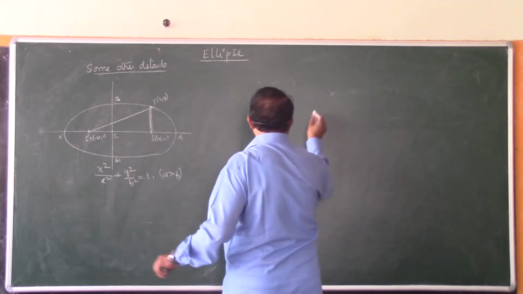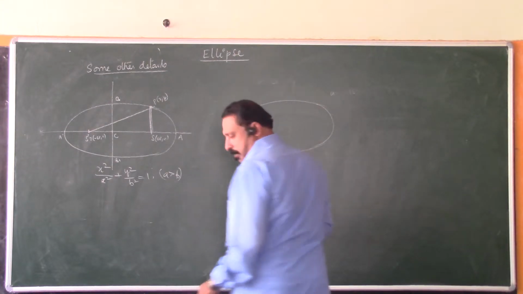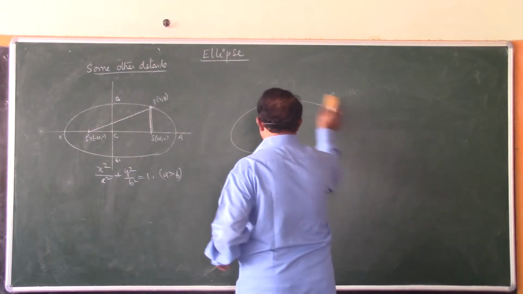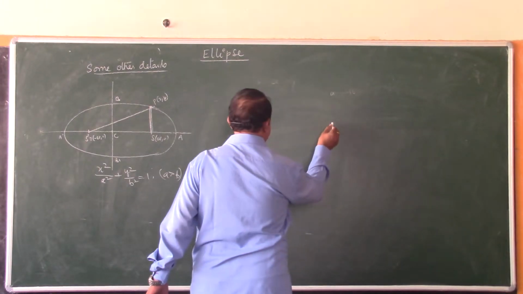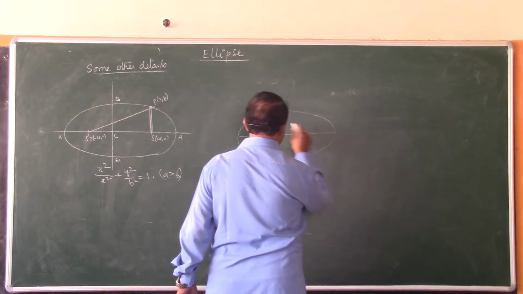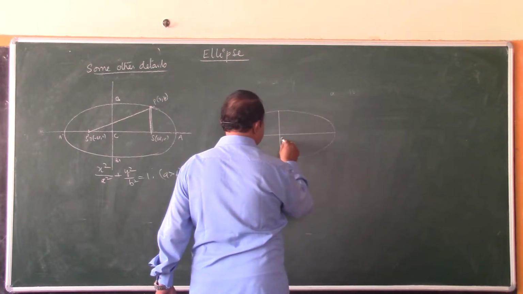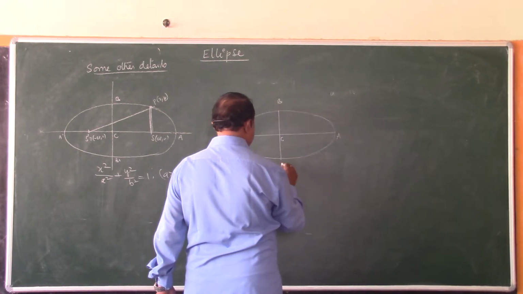Now I will consider the ellipse with major axis as 2a and minor axis as 2b. That is, the ellipse is in the standard form. This is the major axis, this is the minor axis, C, this is A dash, B dash.